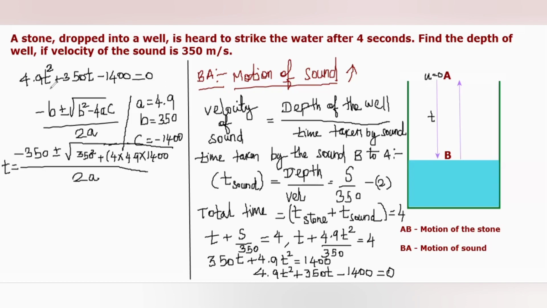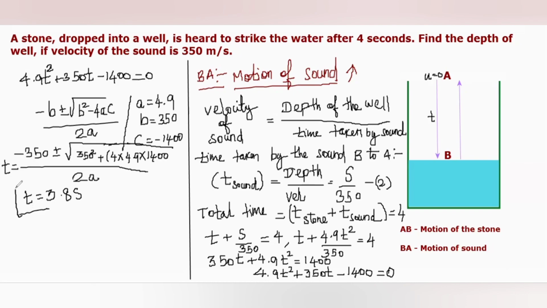If you calculate this, we will get 2 roots for t. That is the roots of this quadratic equation. One will be the negative root and another one will be the positive root. By simplifying this and neglecting the negative root, we will get the positive root equal to 3.8 seconds.